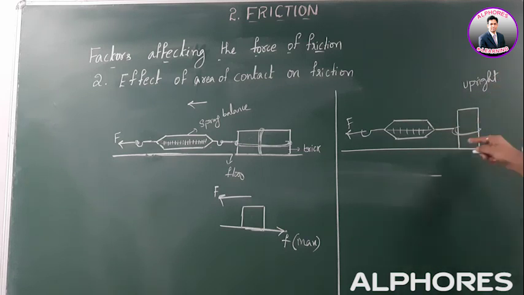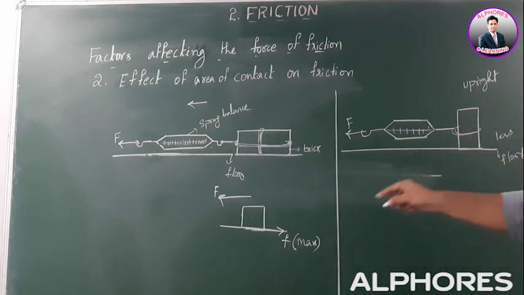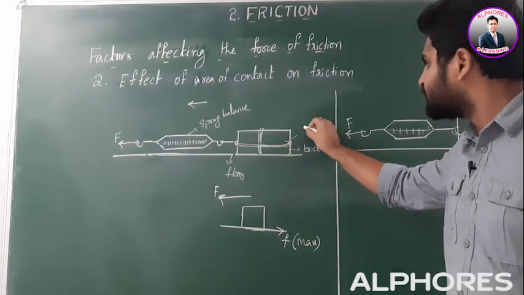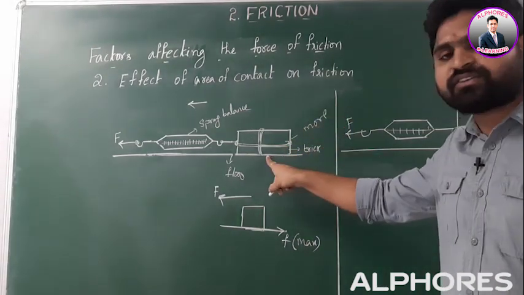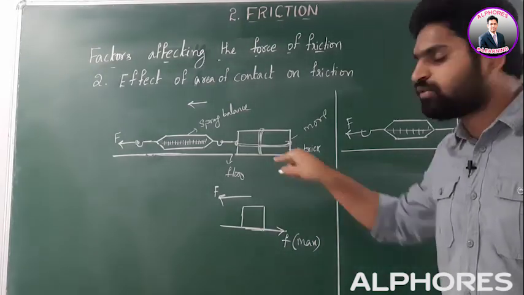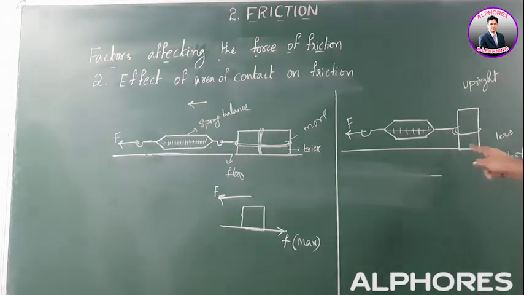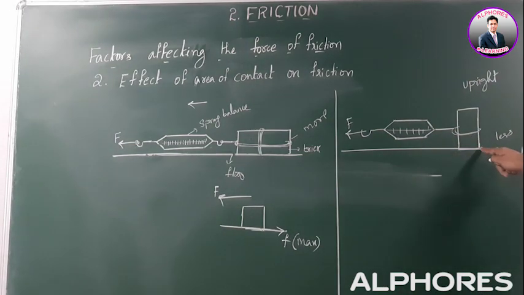If you observe, the area of contact is more here, as the brick is lying horizontally on the floor, whereas the brick kept upright has less area of contact.